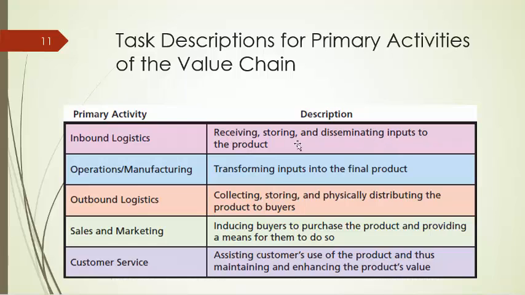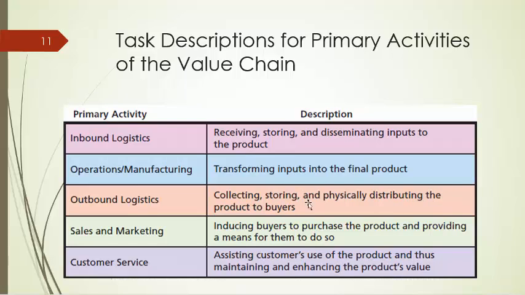Then we have some kind of operations and manufacturing. We have to transform those inputs into a final product, and then we've got to ship them out. And so again, there's probably going to be some kind of warehouse, some kind of distribution that has to be taking place.